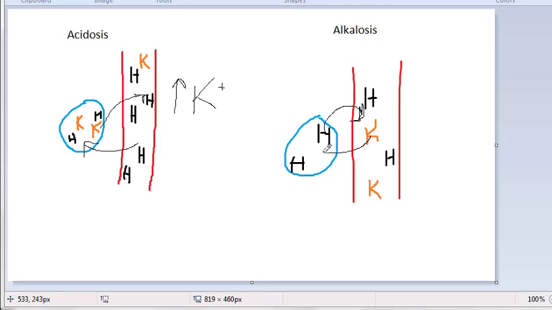And so it goes into the cell to take the spot that the hydrogen was holding. So then we lose our potassium in our bloodstream because it wants to go back into the cell. So with alkalosis, the potassium goes back into the cells to take the spots that the hydrogen are leaving, and we have a low potassium in the blood.